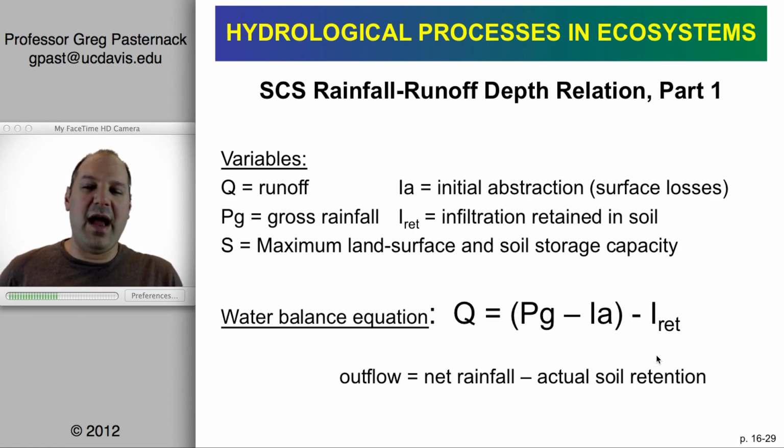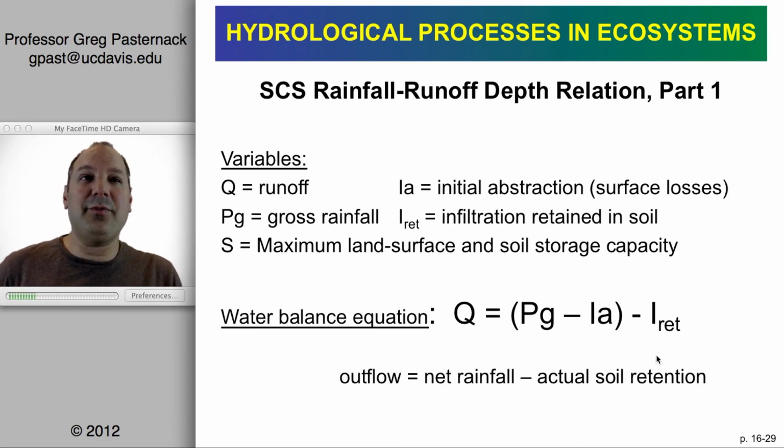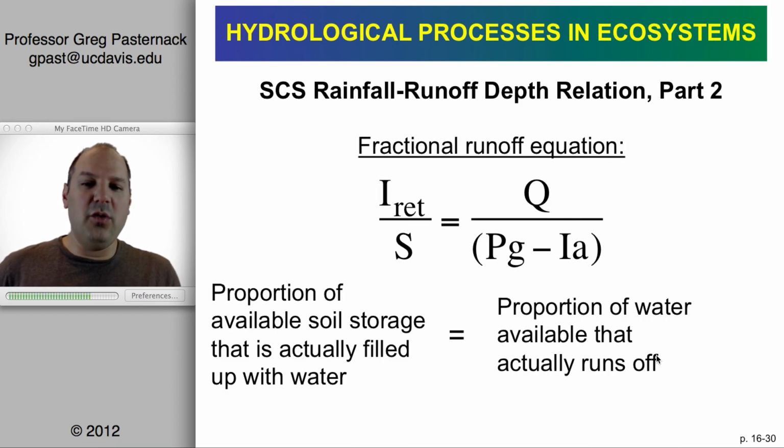So usually you have to either simplify the momentum equation down, or you have to substitute some kind of concept, or what we could call a rule, that's going to govern flow or storage in some way. And so there's a method called the Soil Conservation Service rainfall runoff depth relation that provides the key ingredient we need to complete this model.